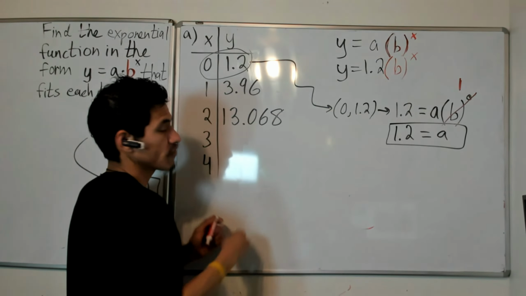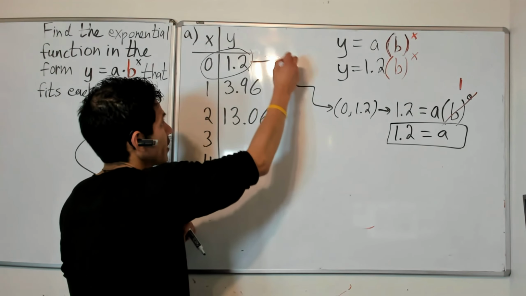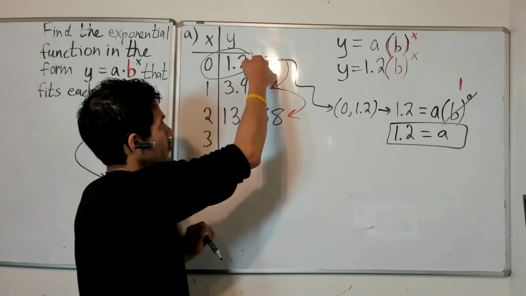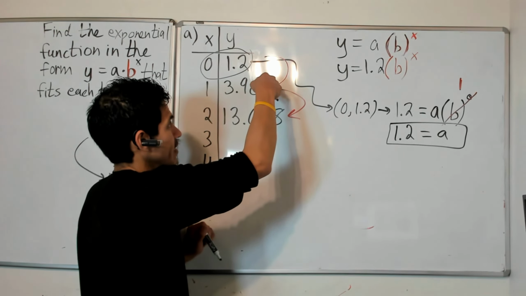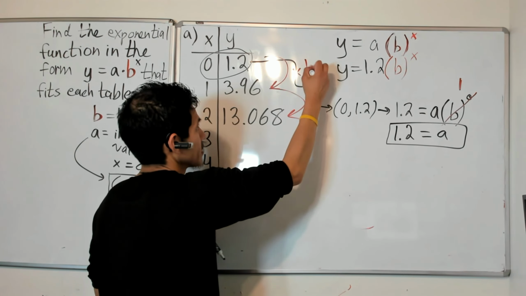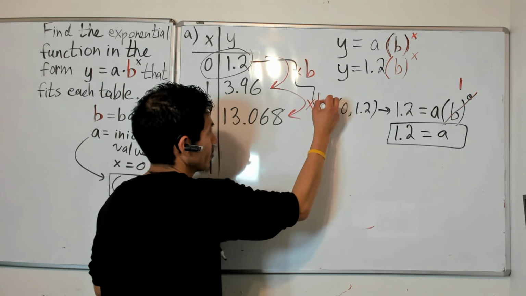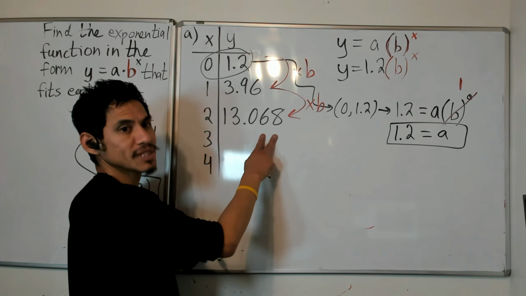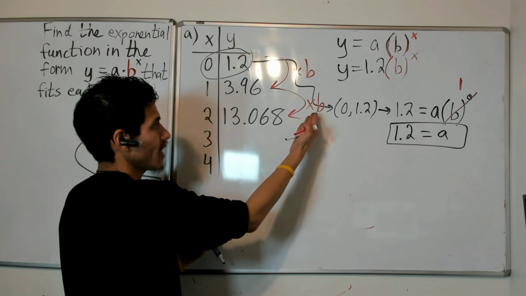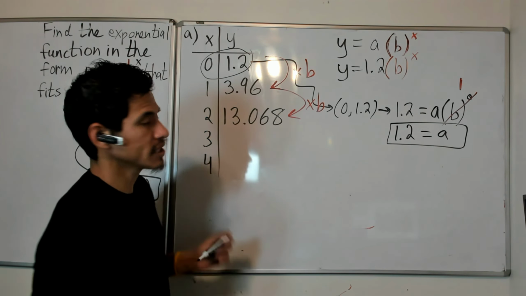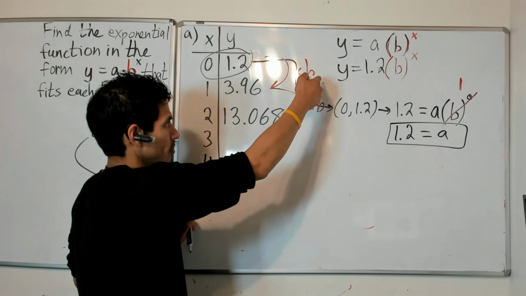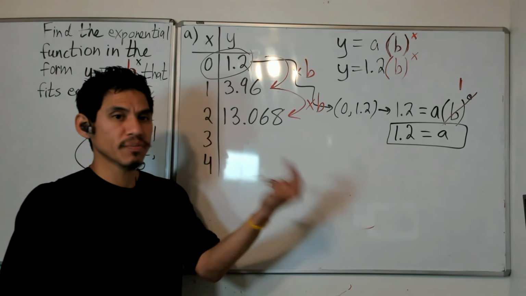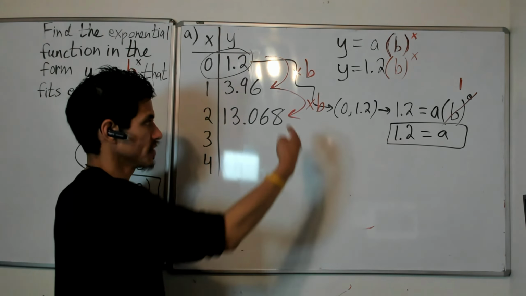Now we need to find the value for b, and b is the value you're multiplying by each time. What value do you multiply 1.2 by to get 3.96? That's your b value. You keep going, you multiply 3.96 by your b value to get 13.068. The simple way to do it in this case is to go backwards and divide, because undoing multiplication is just dividing.